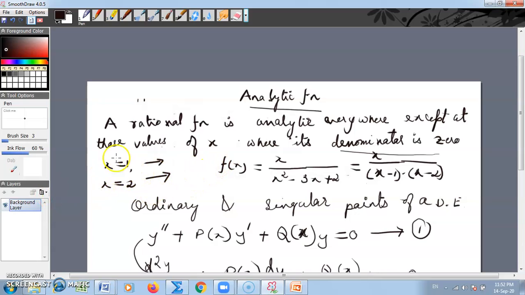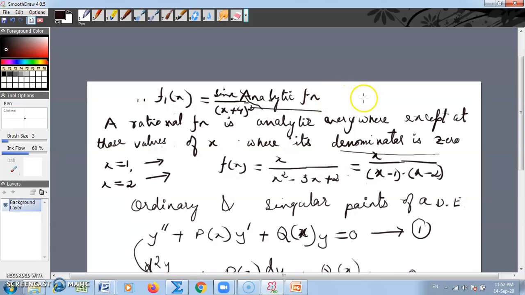Let's take some other function. Suppose f1x is equal to sin x divided by x plus 4 whole square. Look at this function. When I put x is equal to minus 4, the denominator becomes 0.